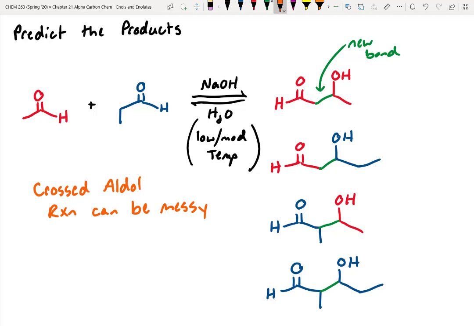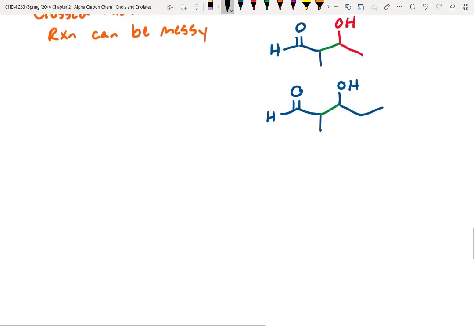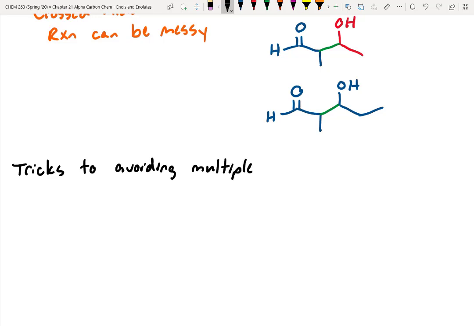But there are tricks to avoid getting all 4 of these products. So let's take a look at some of the tricks that we can do to avoid getting a complex mixture like we've got shown here. And the tricks are pretty straightforward. So the tricks to avoiding multiple products.